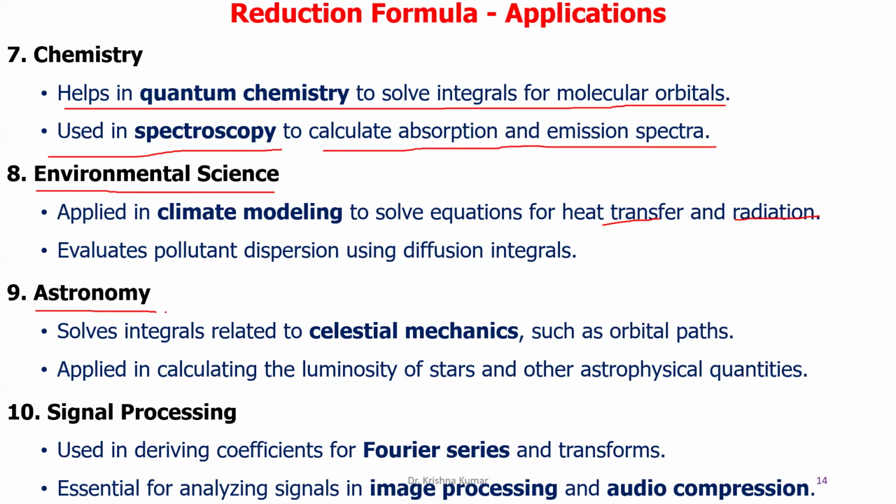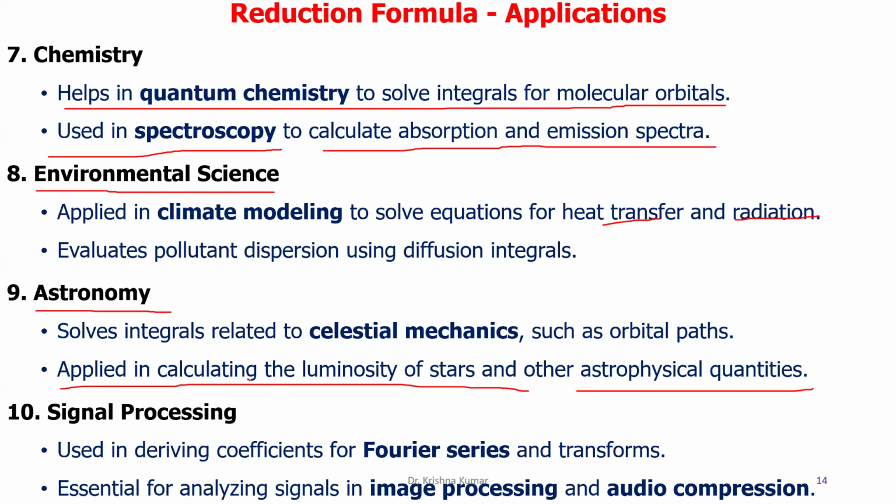Now, it is also useful in astronomy because it solves integrals related to celestial mechanics, such as orbital paths, and it is also applied in calculating the luminosity of stars and other astrophysical quantities. And at the last, signal processing.